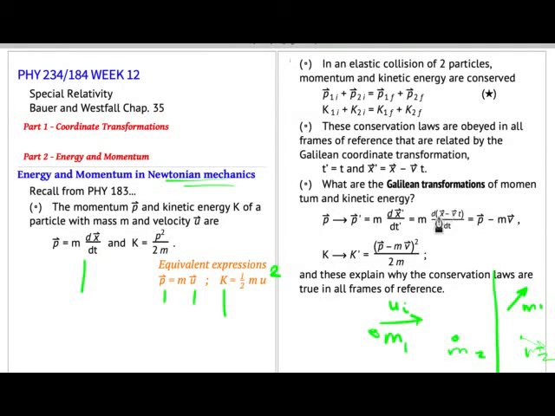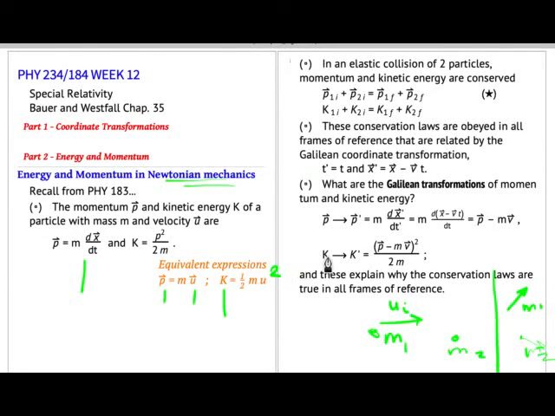And then the other term, d(vt)/dt, is just v. So the other term is just minus mv. So p prime is just p minus mv, where m is the mass of the particle and v is the relative velocity of the two frames of reference.